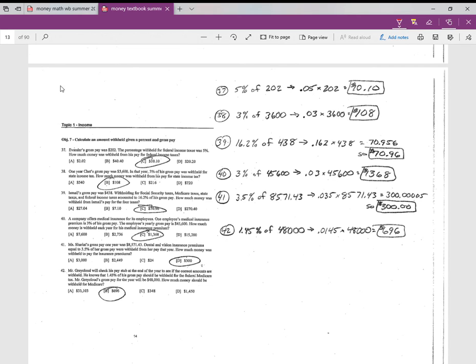So again, we're going to use straightforward the percent equation, which would say the part equals percent as a decimal. Again, excuse my writing.